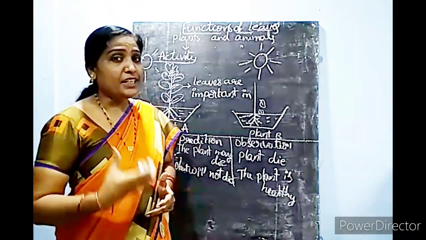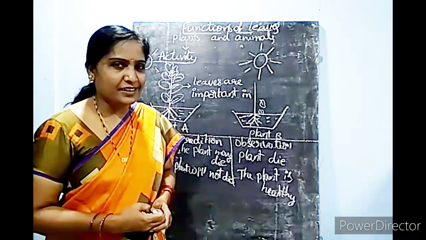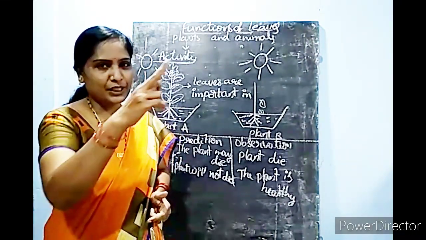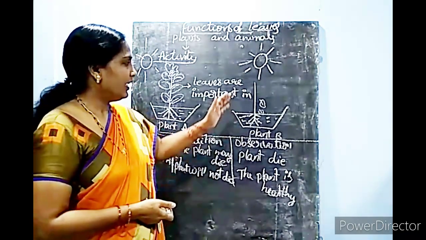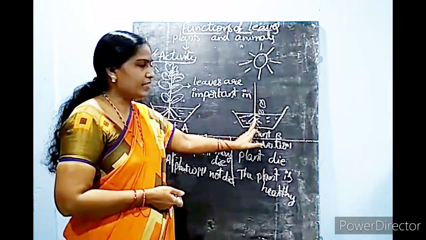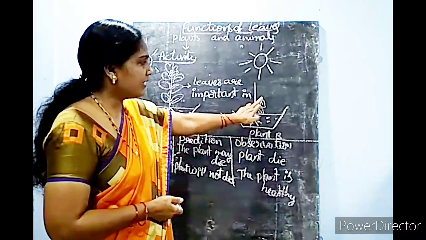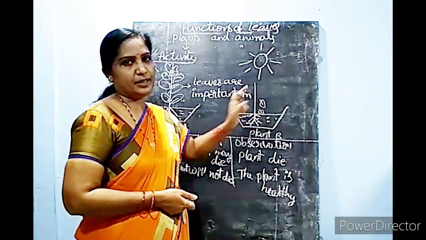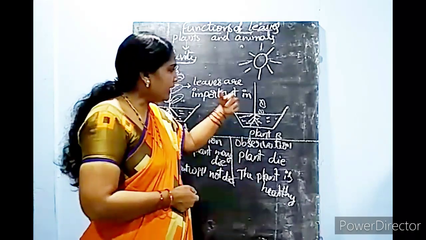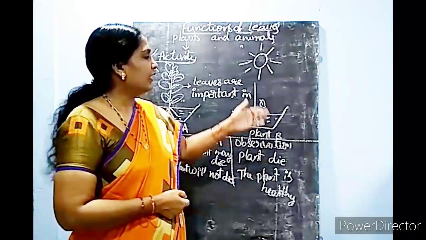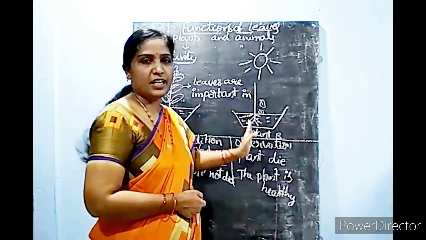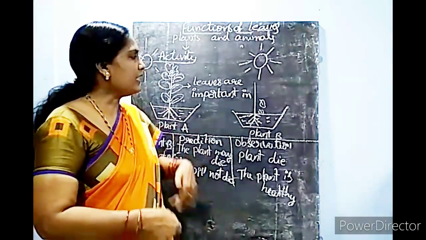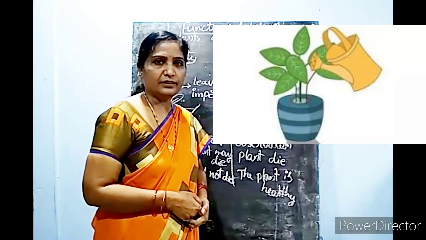Children, tell me, where does your mother cook food? Yes, she cooks food in the kitchen, right? Same way, why has this plant died? Because the leaves are not there in this plant. When leaves are not there, it is not getting food. That's why this plant died.